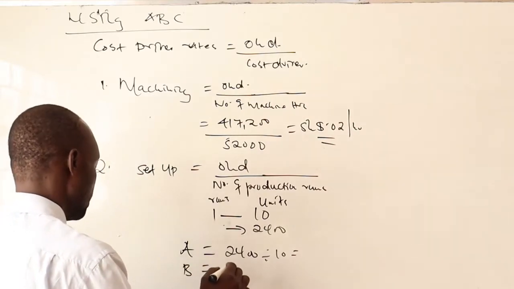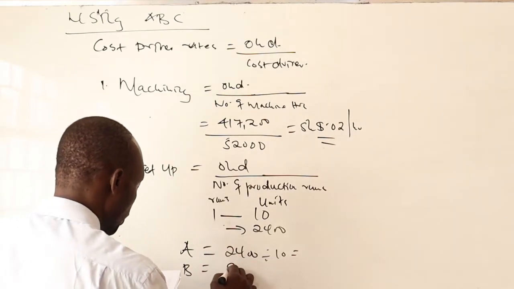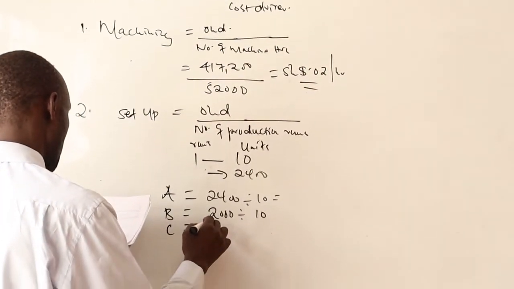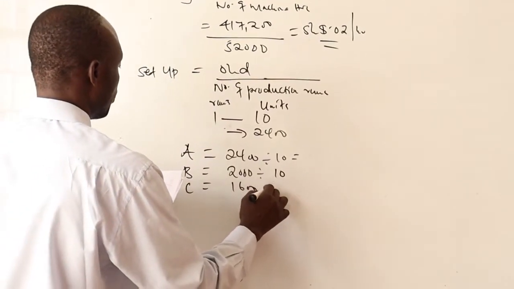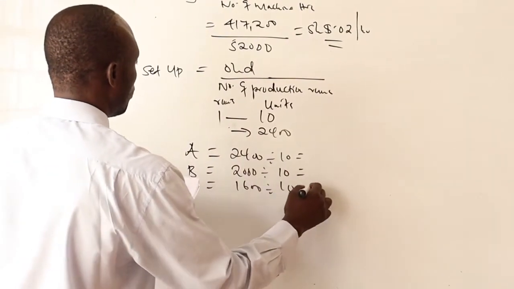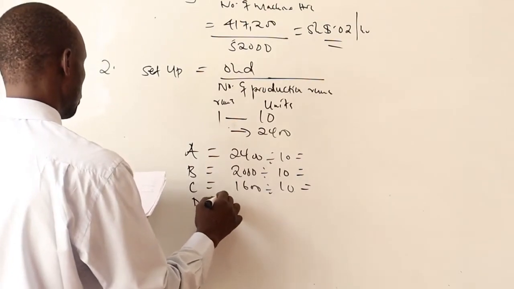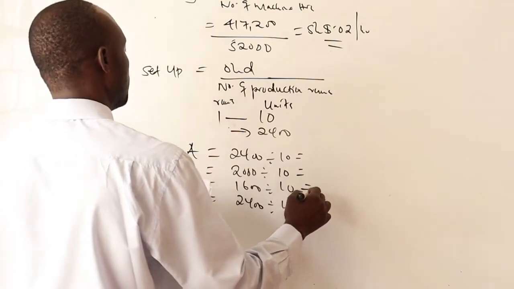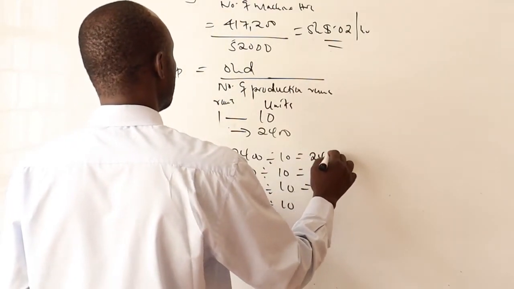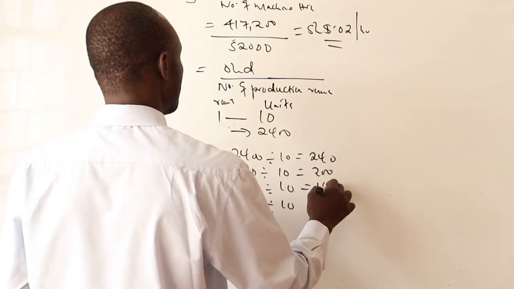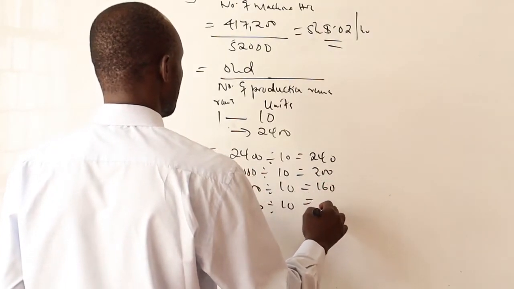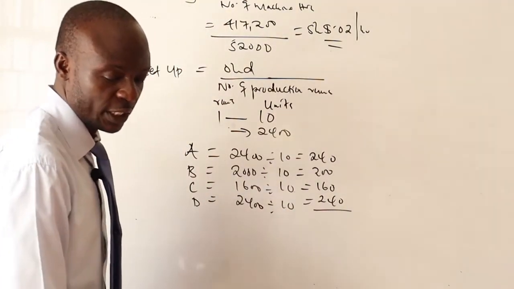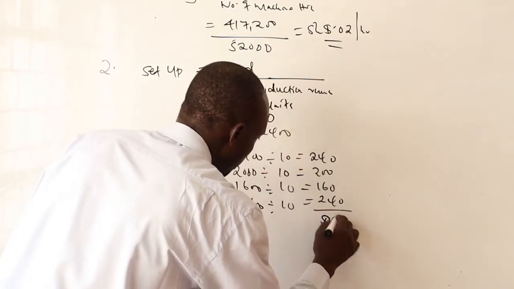Product B is 2,000 units, you divide by 10. Product C is 1,600, you divide by 10. And product D is 2,400, you divide by 10. So this one is 240, this is 200, this is 160, and this is 240. Then we add all of these, so the total is 840.